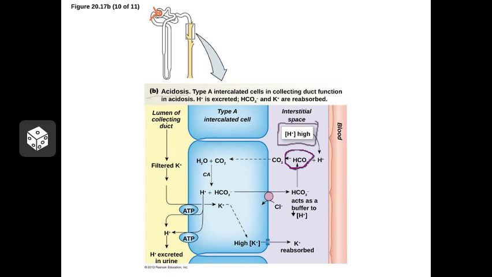Bicarbonate functions as a buffer. This will form carbon dioxide and water. The carbon dioxide diffuses into the cell. It joins with the water inside the cell in the presence of carbonic anhydrase, and it dissociates back into the hydrogen ion and the bicarbonate ion.